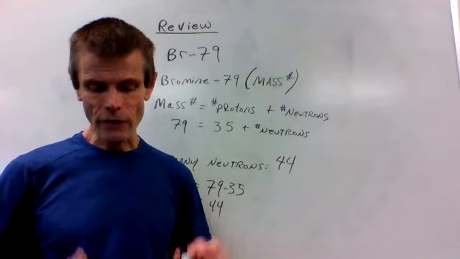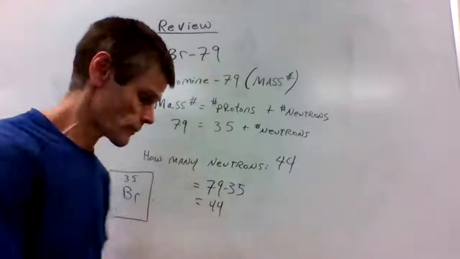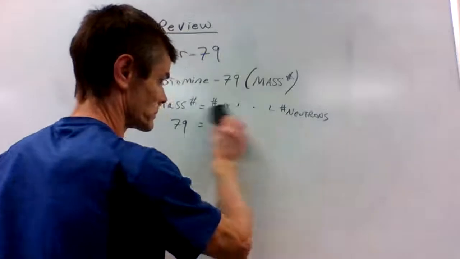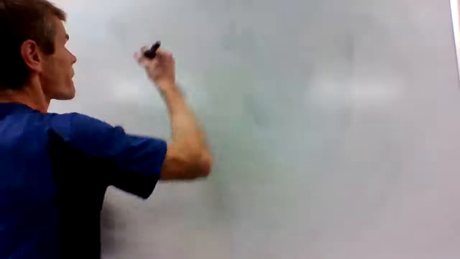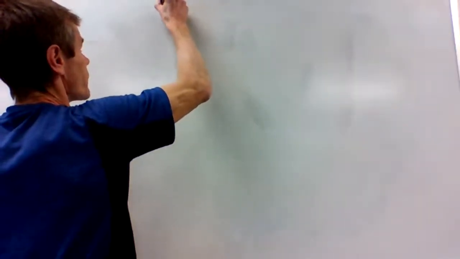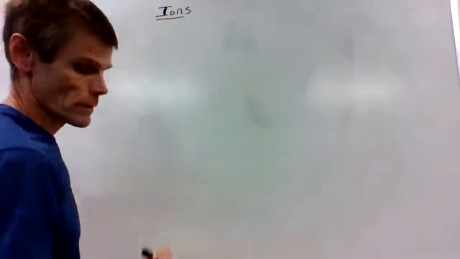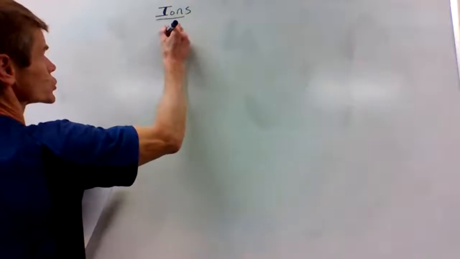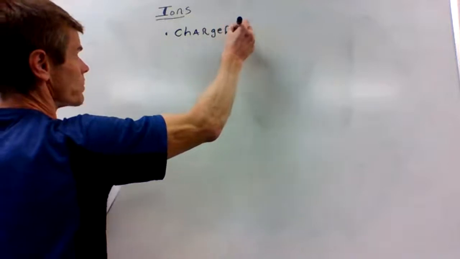So, as we said, there are differences between isotopes. Another type of particle that we should become familiar with is ions. So let's discuss what ions are and understand a little bit about them. Ions, as we mentioned at the beginning of today's lecture video, are charged particles.